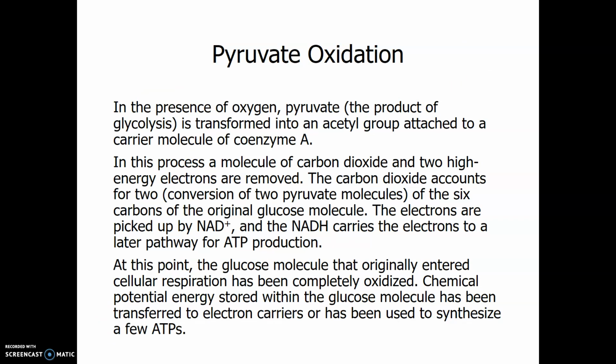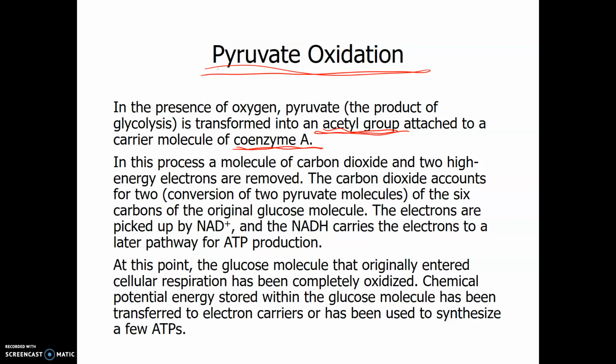Then the second step is called the oxidation of pyruvate, or pyruvate oxidation. And this removes a carbon from the pyruvate. And since it had 3 carbons, it's going to form into a 2-carbon molecule. And that 2-carbon molecule is the acetyl group, which attaches itself to coenzyme A. So we call it acetyl-CoA.